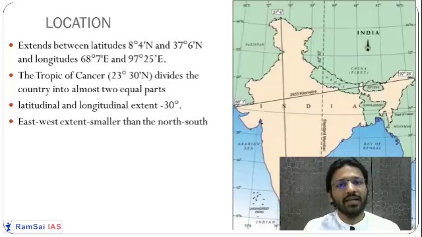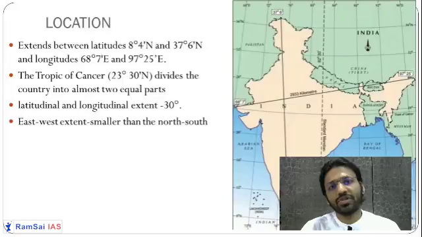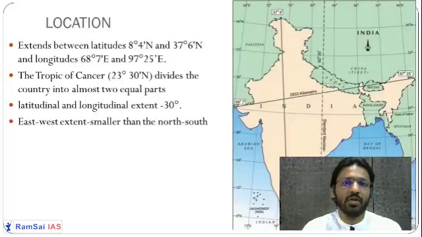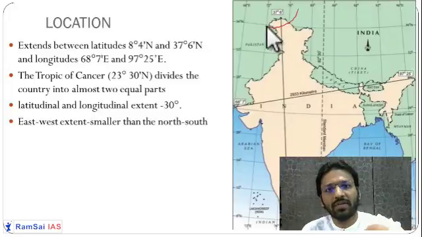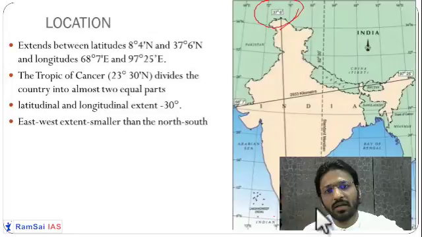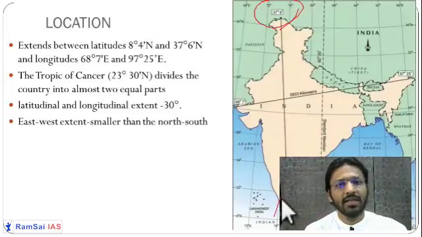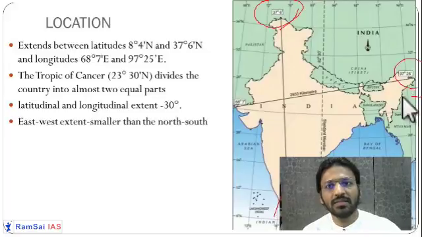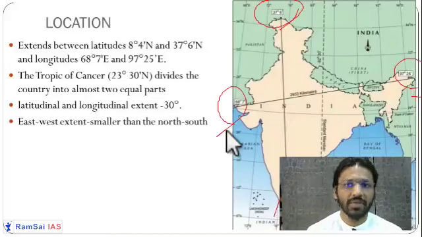As we know India's northern and southern, eastern and western latitudinal and longitudinal positions: the northernmost point is 37 degrees 6 minutes, and the southernmost point near Kanyakumari is around 8 degrees 4 minutes. The easternmost point is 97 degrees 25 minutes and the westernmost point is 68 degrees 7 minutes.